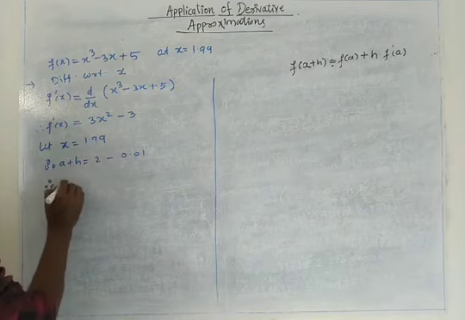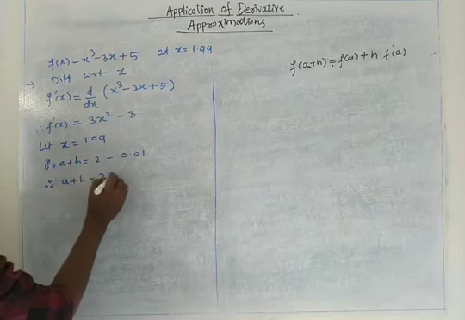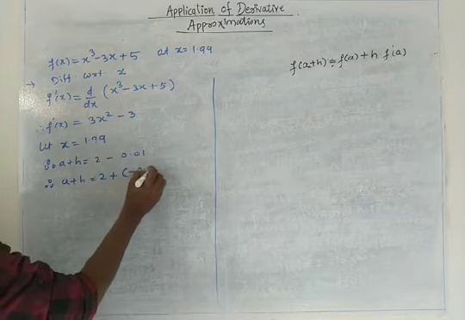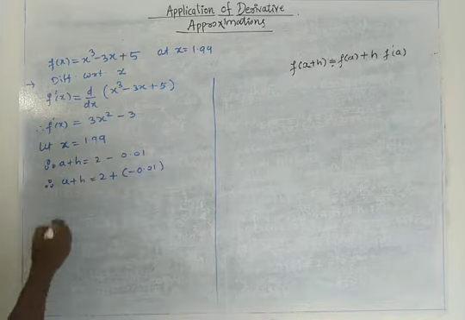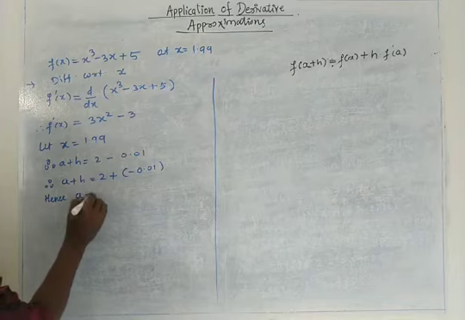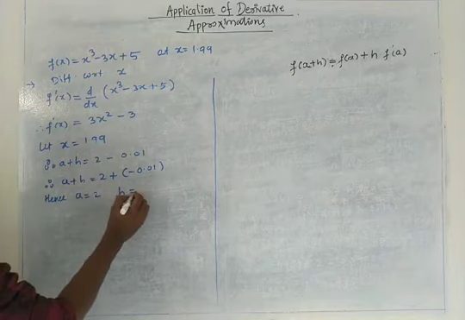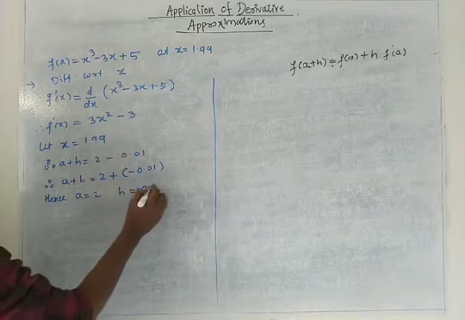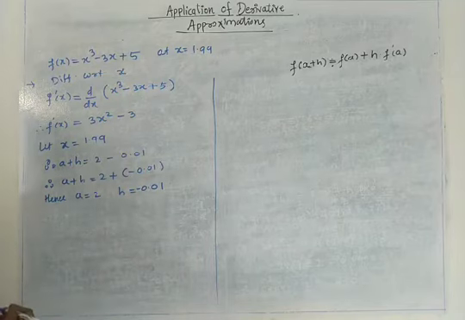Therefore a plus h is equal to 2 plus minus 0.01, and hence a is equal to 2 and h is equal to minus 0.01.